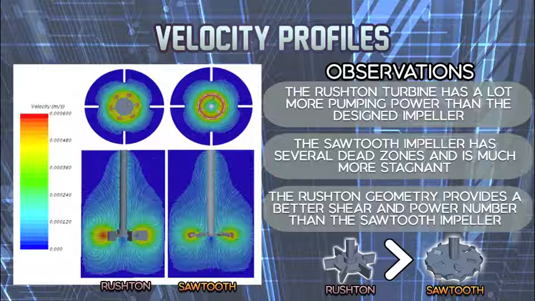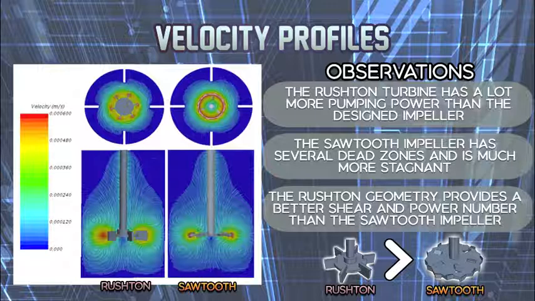This was because the Russian geometry provided better shear and also a better power number. These results demonstrate that the Russian turbine had a better performance than the impeller that was designed.